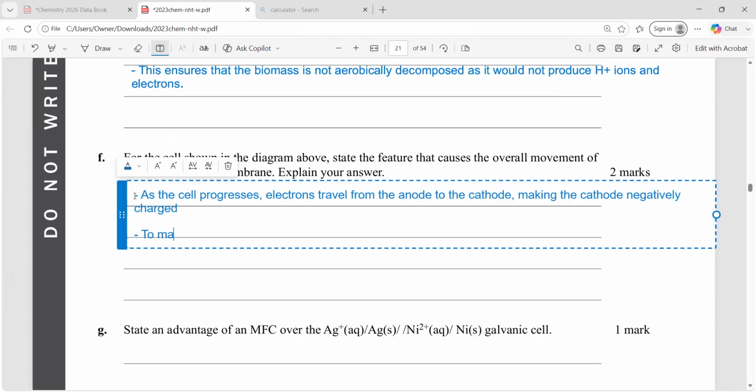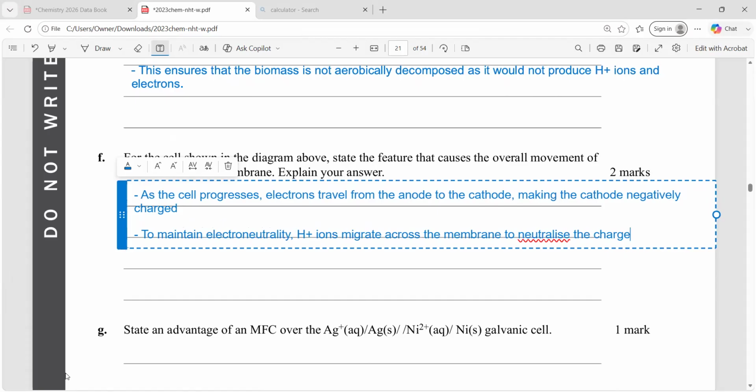To maintain electroneutrality, H plus ions migrate across the membrane to neutralize the charge, which is then later picked up by oxygen or something like that. Yeah, cool.